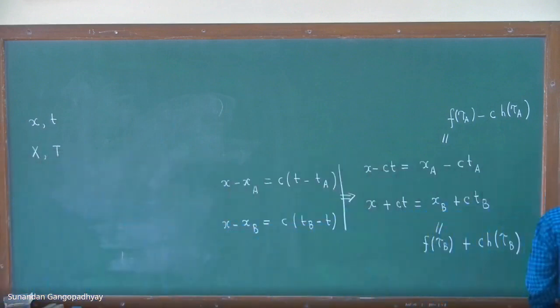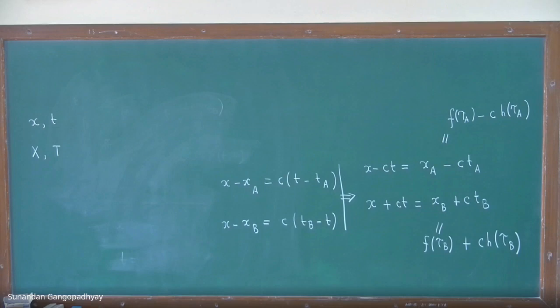This was T and this was X. Let us keep this diagram here. And this was the trajectory. This is A, this is TA, XA. This is B, this is TB, XB. This is the event T, X.